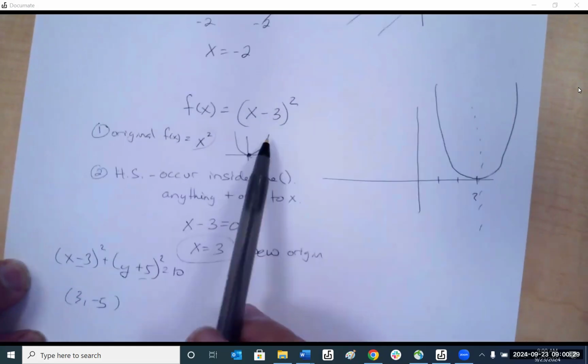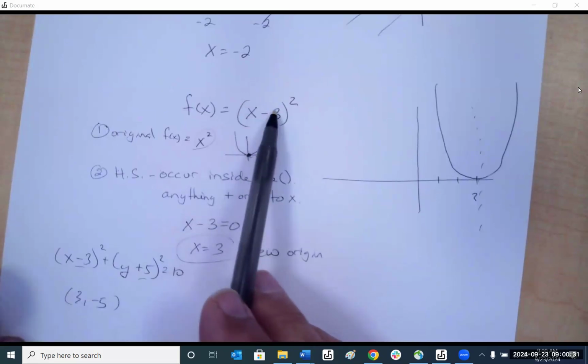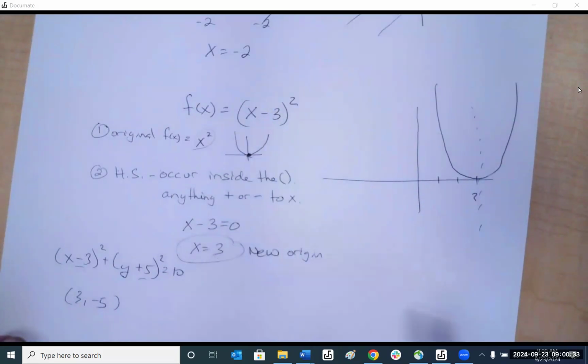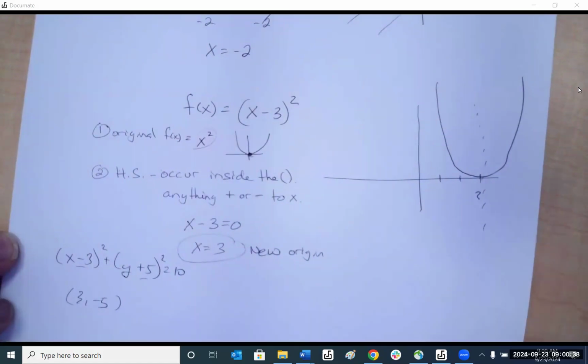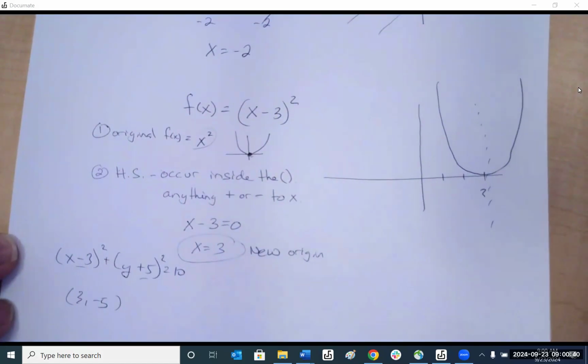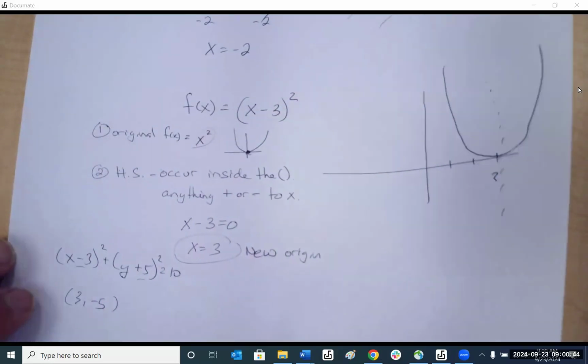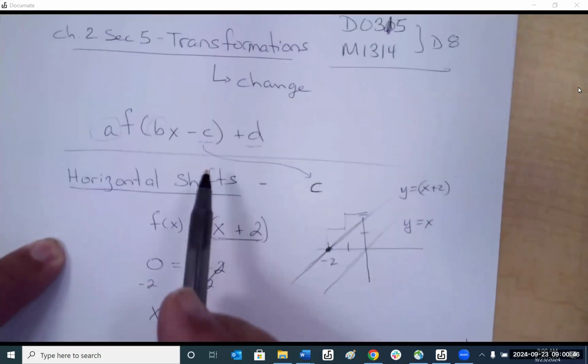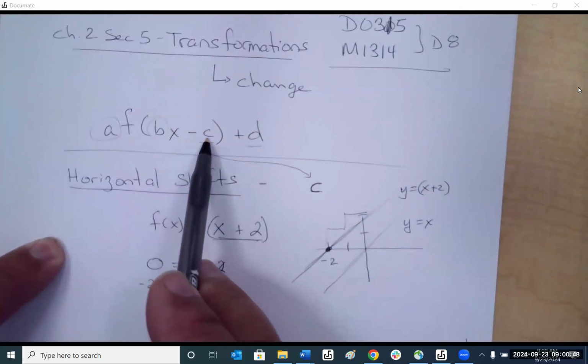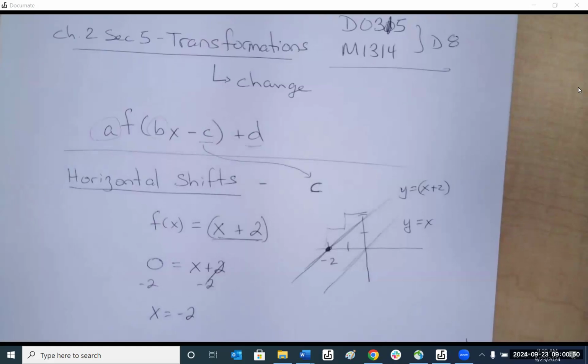So whatever your function is, whatever's inside the parentheses, set it equal to 0. That tells you your horizontal shift. That one's pretty easy. So the C value inside here, anything plus or minus to x, is your horizontal shift.